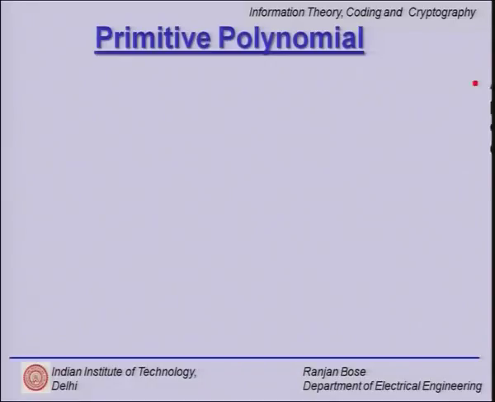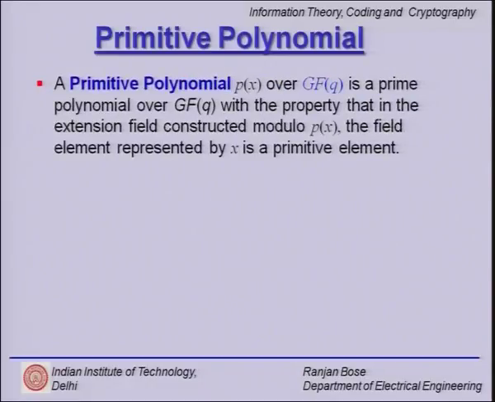Now we go to another definition of primitive polynomial. A primitive polynomial p of x over GF(q) is a prime polynomial. So we already know what is a prime polynomial. You cannot have factors and it is monic over GF(q) with the property that in the extension field constructed modulo p of x, we have studied that you can construct an extension field using a prime polynomial.